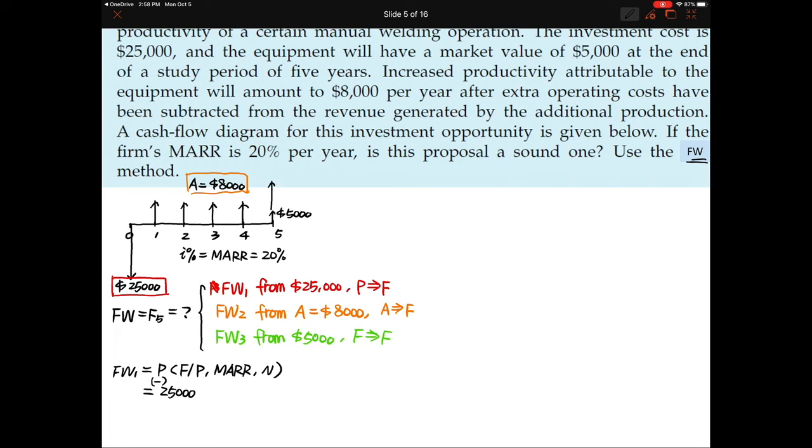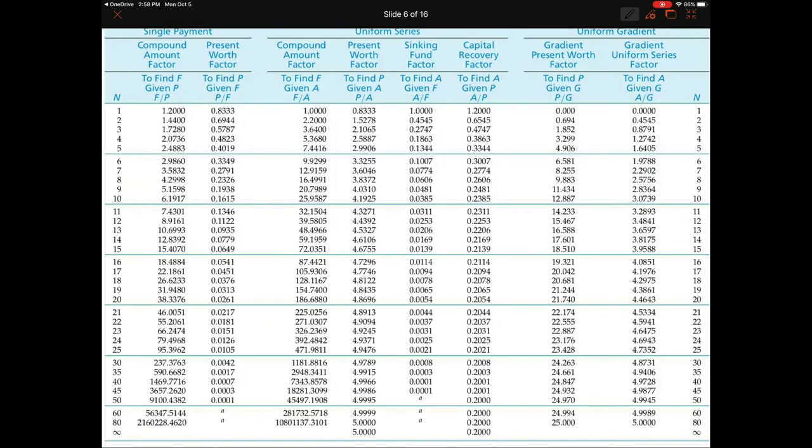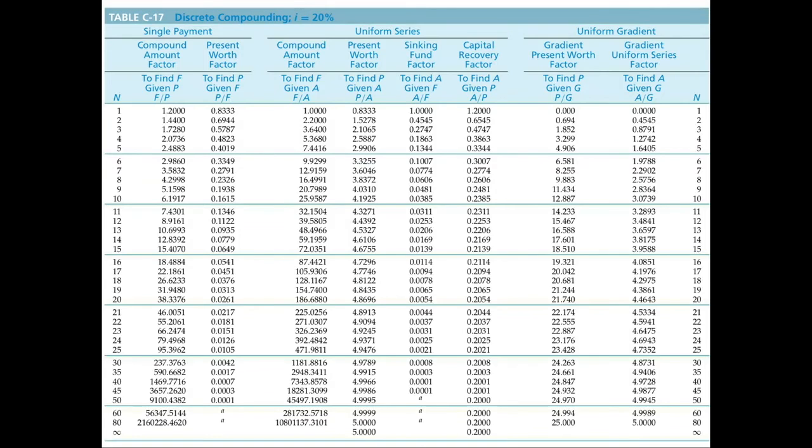So negative 25,000 times a factor F/P, 20%, N is 5. You need to find the factor in the table of I equals 20.